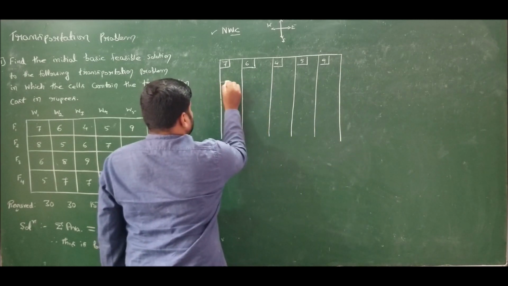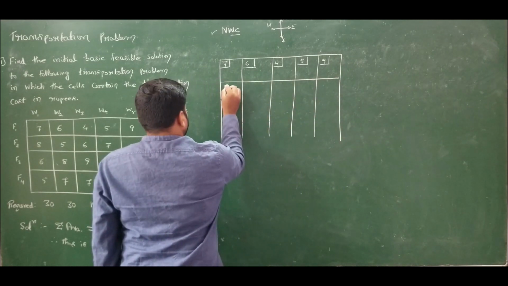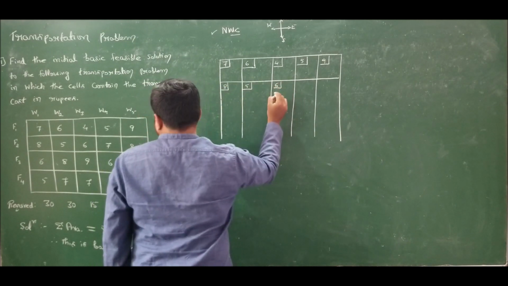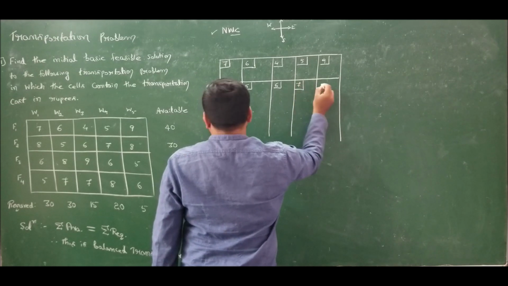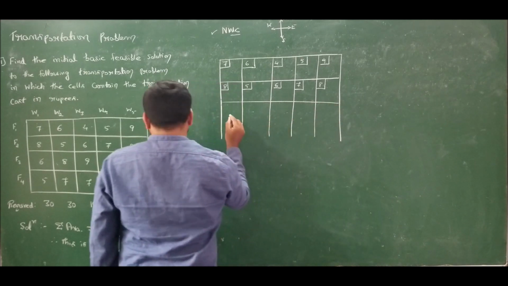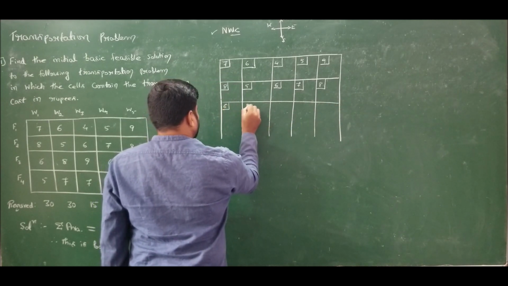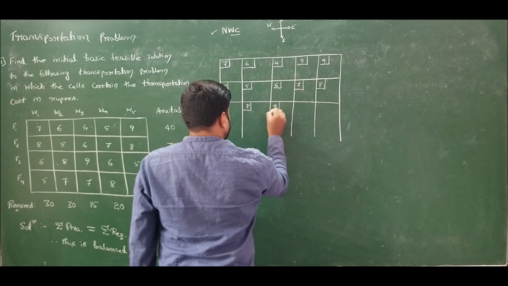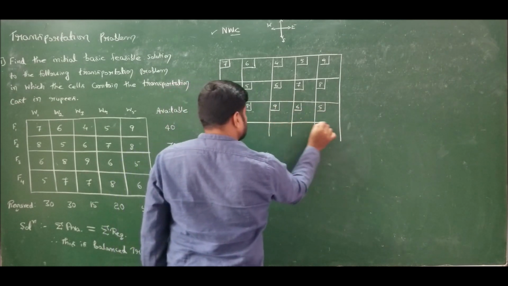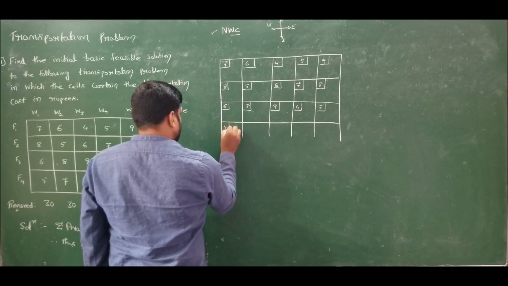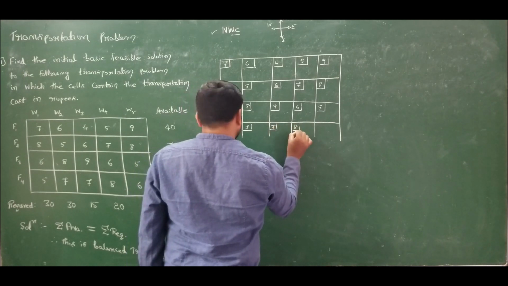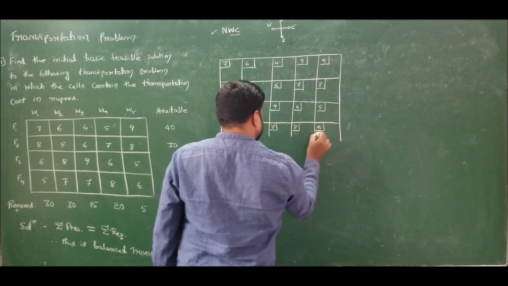Similarly write down the remaining rows. We have 8, 5, 6, 7 and 8. Then we have 6, 8, 9, 6 and 5 as the unit cost, and finally we have 5, 7, 7, 8 and 6 as the unit cost.